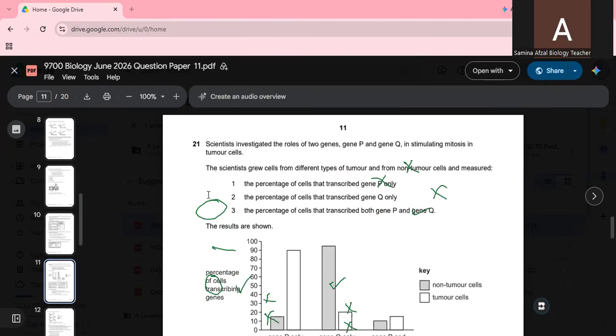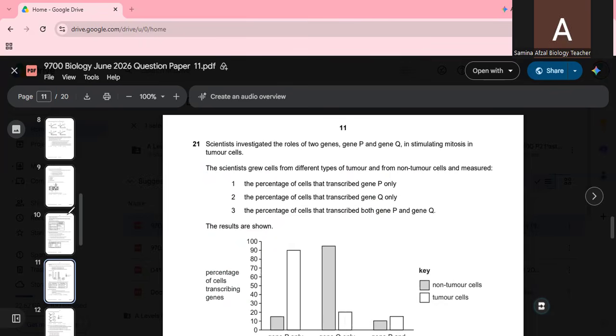Now question number 21. Scientists investigated the roles of two genes, gene P and gene Q, in stimulating mitosis in tumor cells.